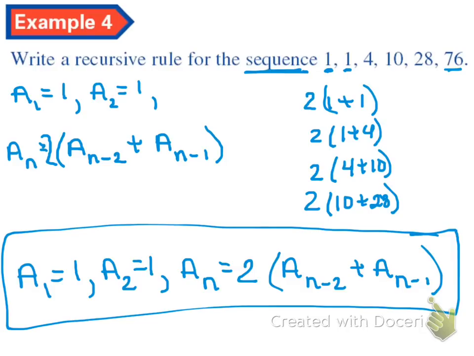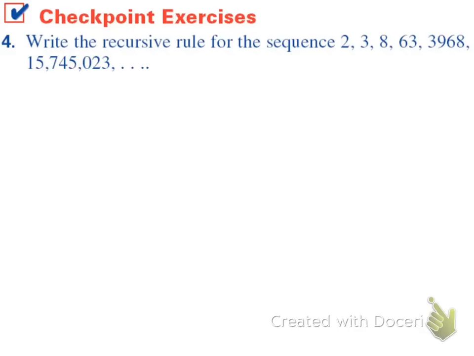Alright, now I'd like for you to give it a try. Write the recursive rule for the sequence 2, 3, 8, 63, 3,968, and 15,745,023. Pause the video, give it a try.